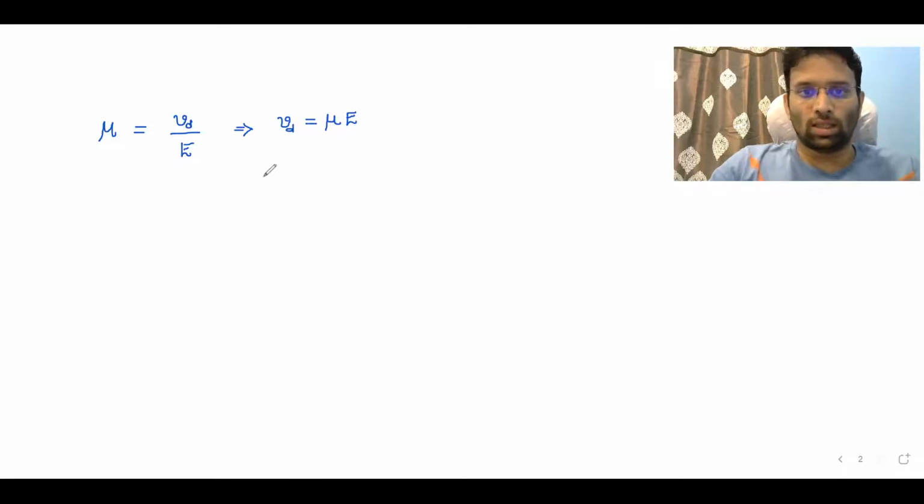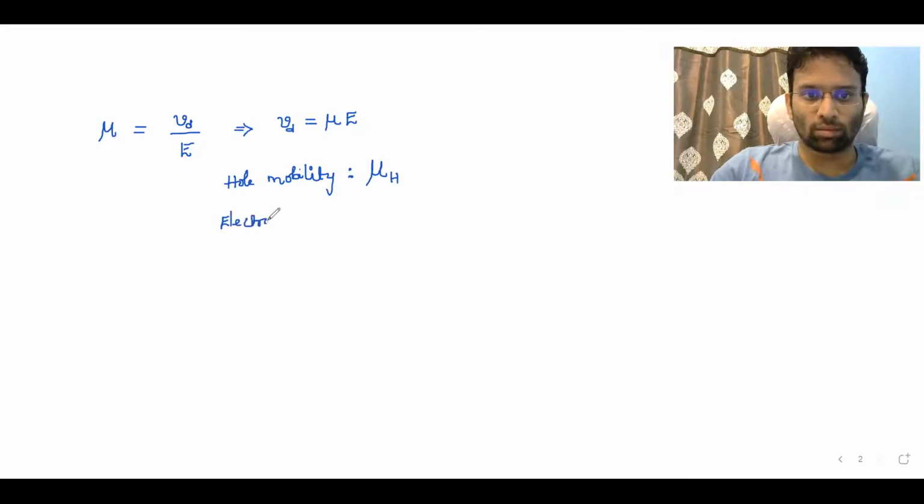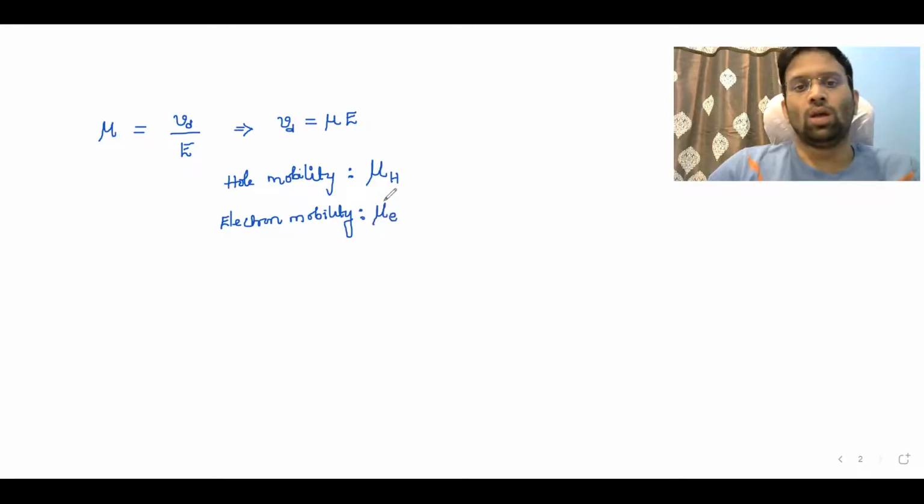Here, let the hole mobility be given by mu h, and electron mobility given by mu e. So the total current is hole current plus electron current.